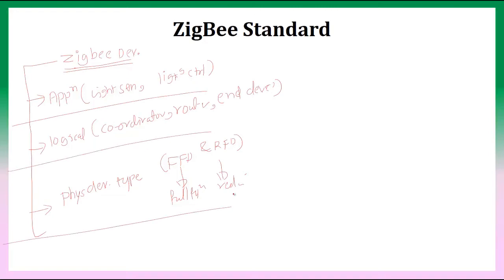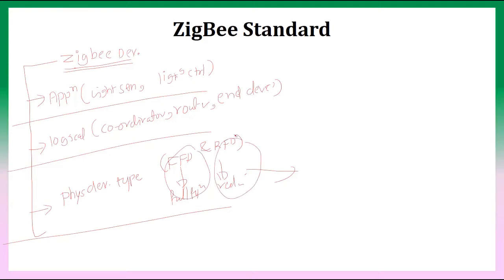We'll begin with the ZigBee physical device type. Depending on your capability of data processing, there are two types of physical devices provided in the IEEE 802.15.4 standard: a full functional device and a reduced functional device.